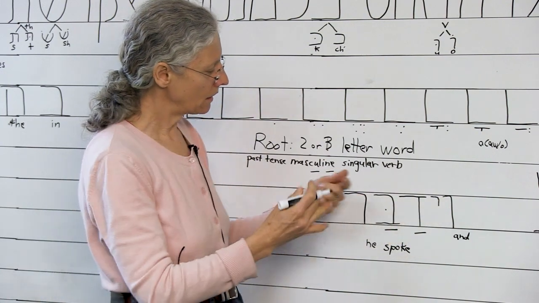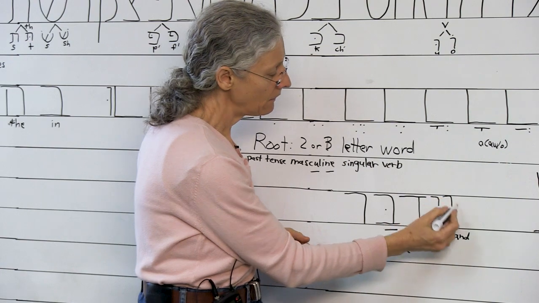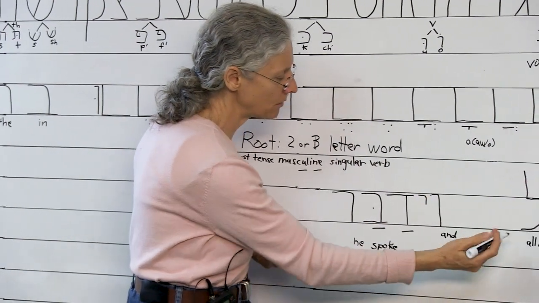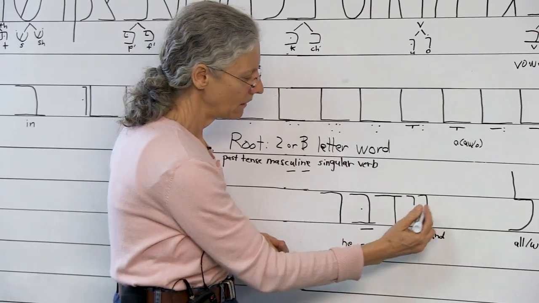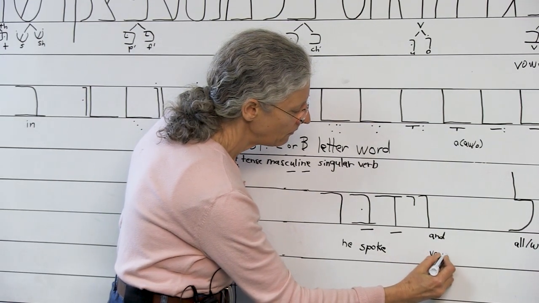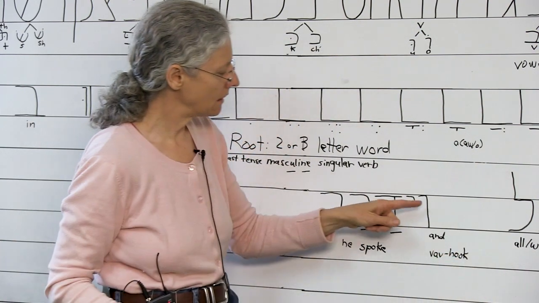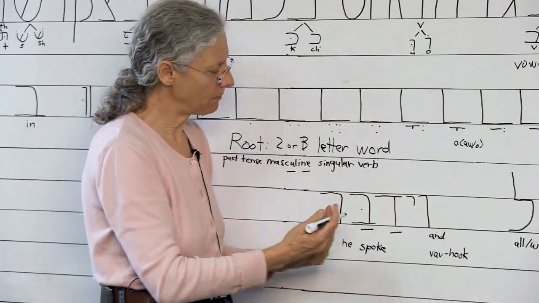The yud connotes future tense. The vav actually connotes past, so it's pulling the past along. The word vav means hook. So in essence, and means hooking something from the past.